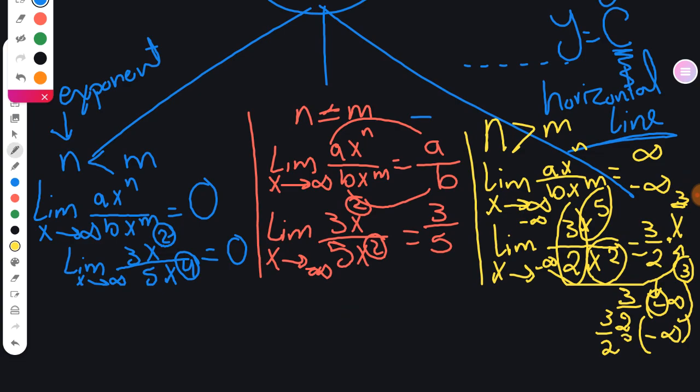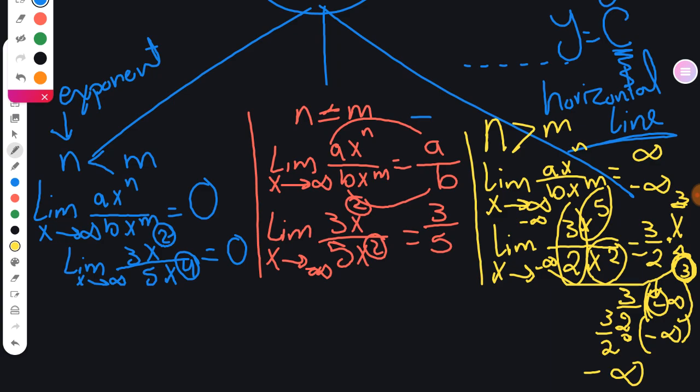It will be negative infinity. But if it is positive, it will be positive, no problem. Be careful: if we raise any negative to an odd power, it gives you negative. Even infinity, yes. I hope you remember.